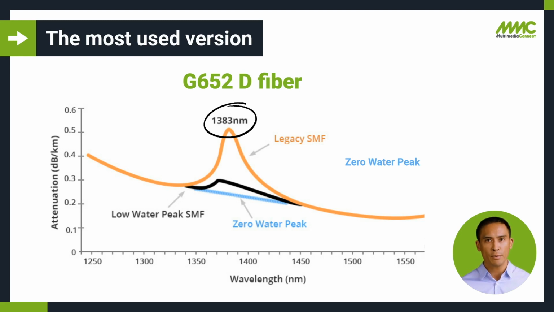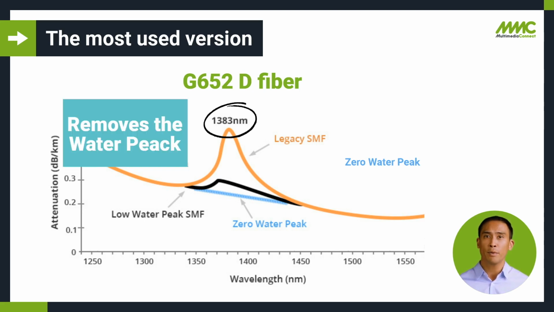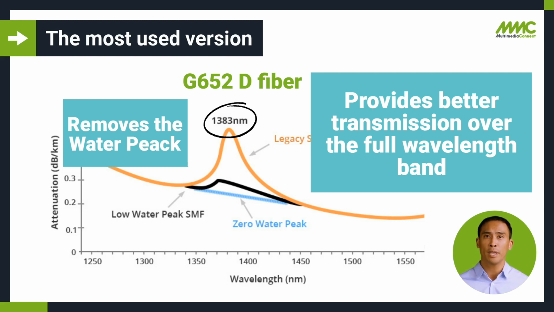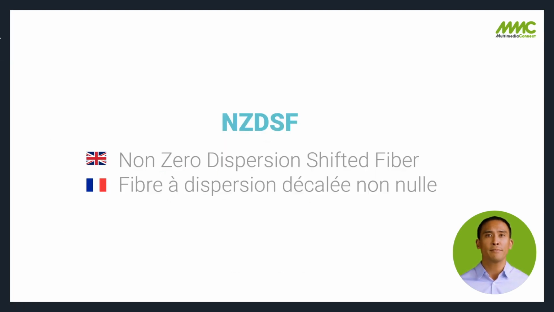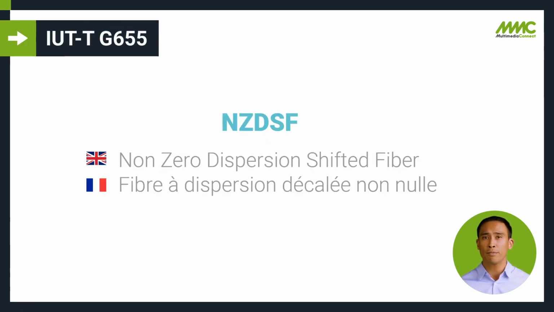This 1,383 nanometers attenuation is mainly due to a vibration of the oxygen-hydrogen molecular bonds. That is a water peak. The G652D, as shown on the curve, will eliminate the water peak for a better transmission performance on the entire single-mode fiber wavelength.